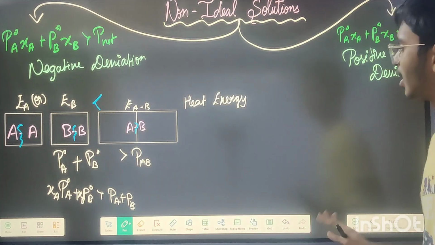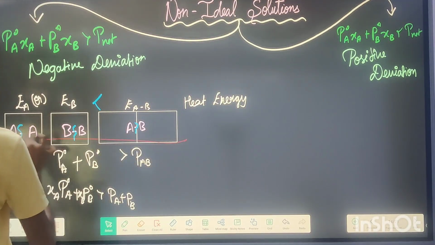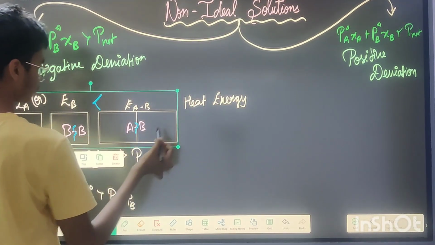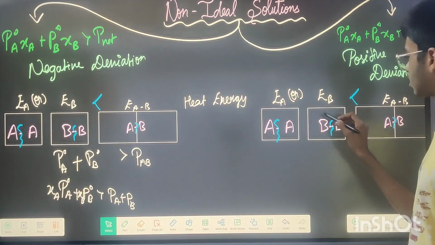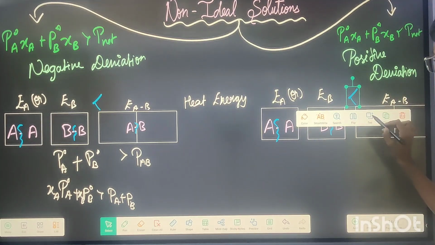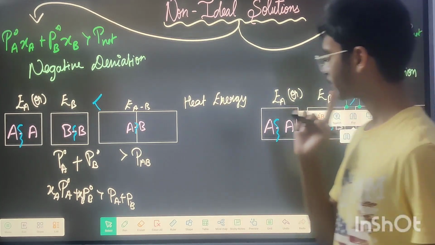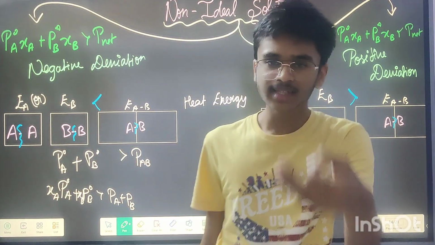I hope it is all clear. Now you take the exact same thing, but this time you have to take the energies differently. This time you take this energy as greater. That means in order to break this AB bond, you want to give only a less amount of heat energy.